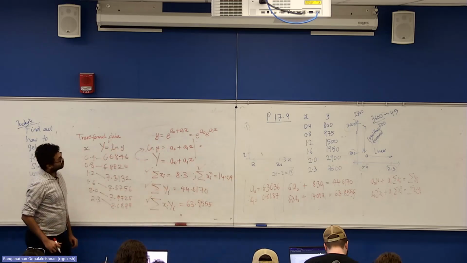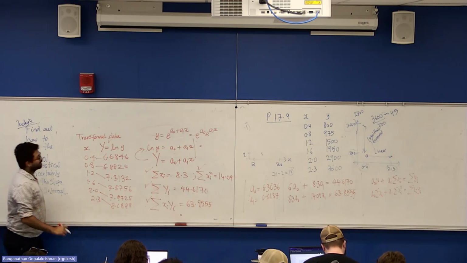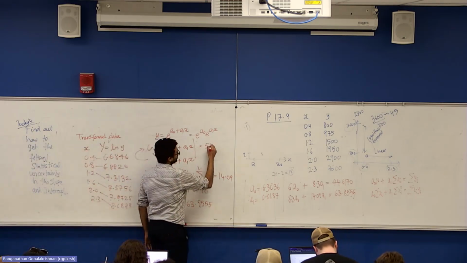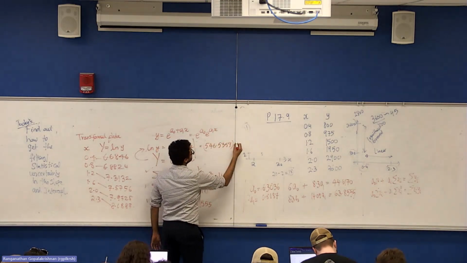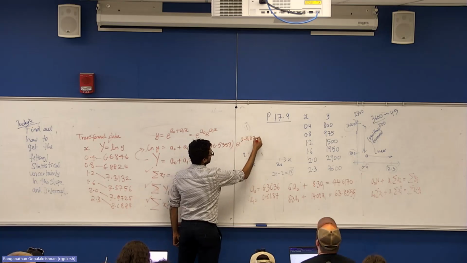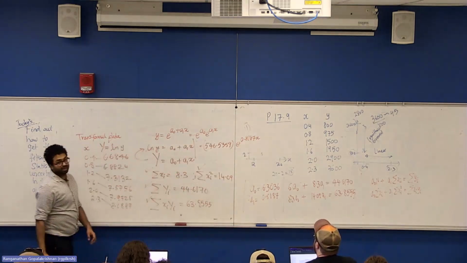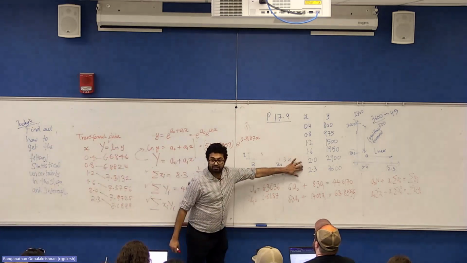Okay, what is exponent of 6.3036? That's 546.5359. So 546.5359 times exponent of 0.8187x. This is the equation that describes your original data.